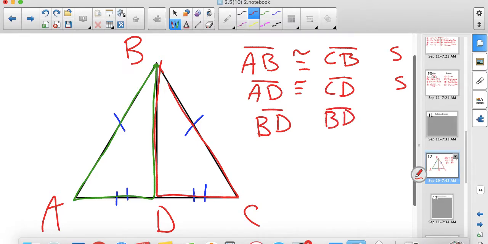What the reflexive property allows me to do is say however big BD is on the left-hand triangle, maybe it's 5, maybe it's 6, maybe it's 10, then it is also that same size in the right-hand triangle. So no matter how big it is, it will have to be congruent to itself. That is what your reflexive property does.